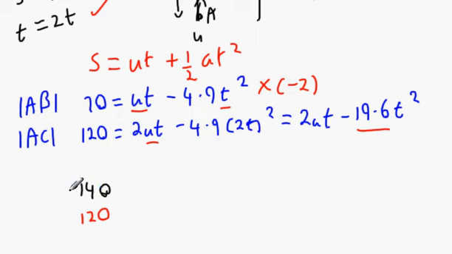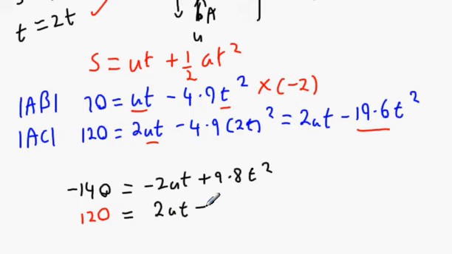-140 equals minus 2ut plus 9.8t squared. And this one here is 120 equals 2ut minus 19.6t squared.